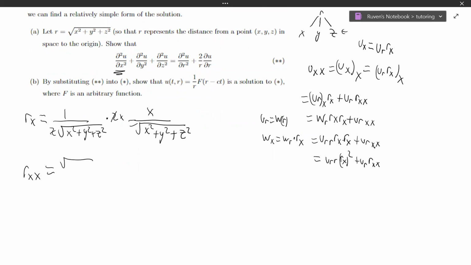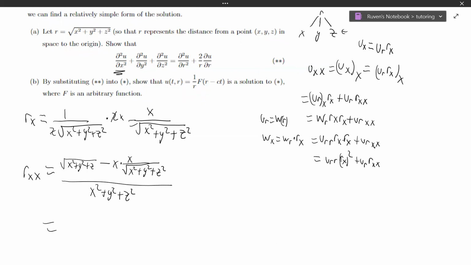That's going to be the root of x squared plus y squared plus z squared minus x times x over, because the derivative of this we just got, x squared plus y squared plus z squared over this all squared is x squared plus y squared plus z squared.